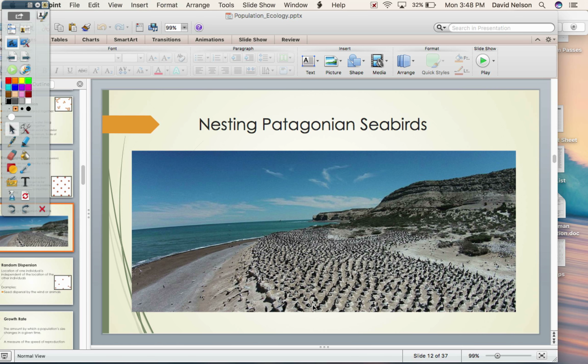But each one of these nests, there's a bird sitting on each one of these nests, and they are separated by, they're just out of pecking range from one another. And so they are as far apart from one another as they possibly can, given how many of them there are.